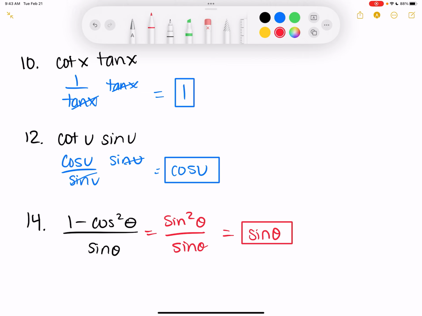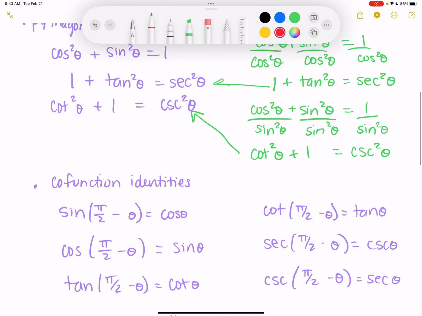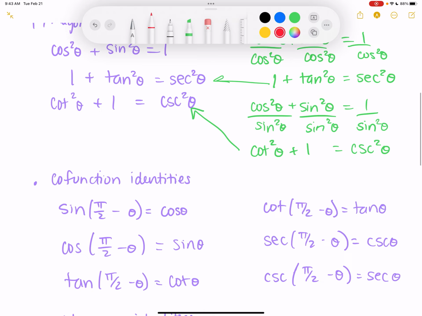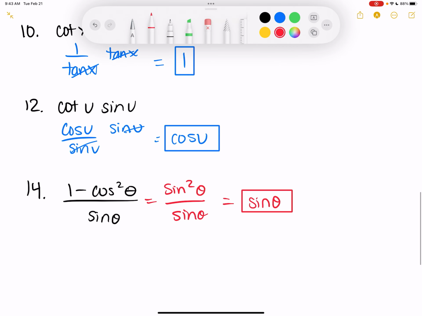Sine squared plus cosine squared is equal to 1, so 1 minus cosine squared would be equal to sine squared. Okay, I see that. So then sine squared divided by sine would be sine.